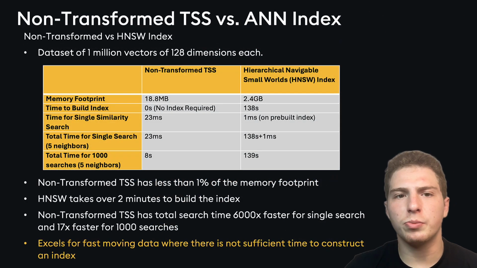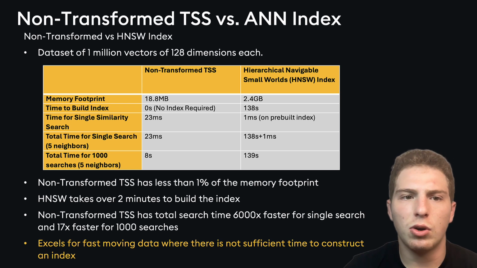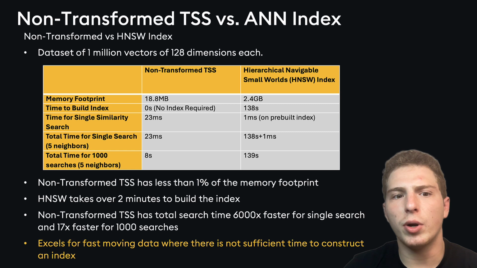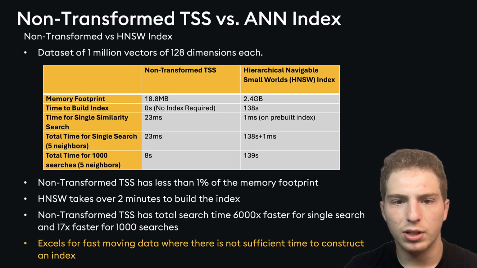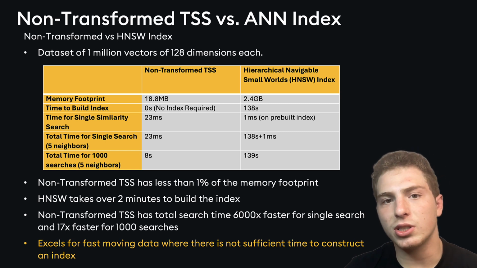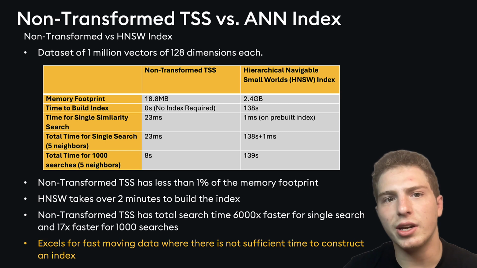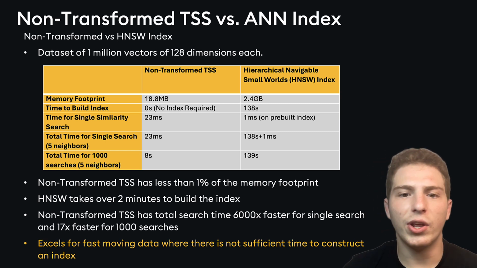Let's compare non-transform TSS to an HNSW ANN index. For non-transform TSS, we have a memory footprint of 18.8 megabytes, while for HNSW, the memory footprint is 2.4 gigabytes. We also save the time necessary to build an index. For non-transform TSS, we don't actually have to build an index, but for HNSW, we have to wait 138 seconds for the index to complete.